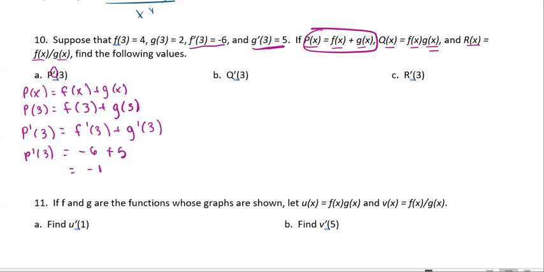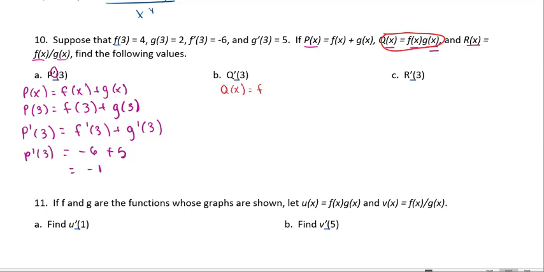Let's try the next one, we need q prime of 3. Let me erase some of this so that we have it a little bit more clear. So q prime of 3, q is this one right here. So that's going to be a product. So if I want q prime of 3, we're going to start with q of x.